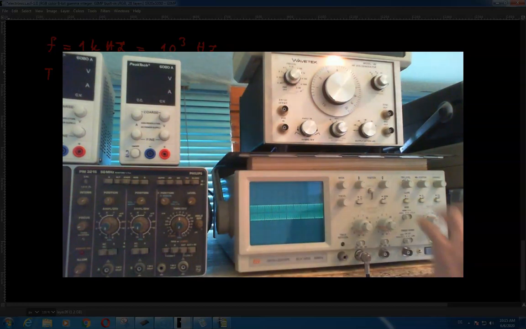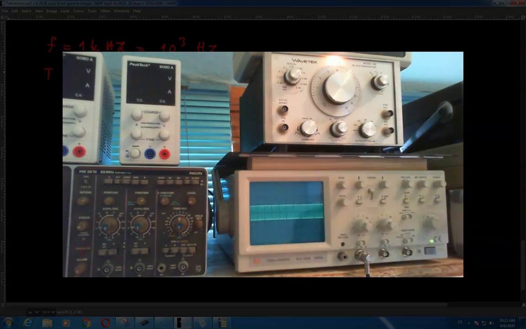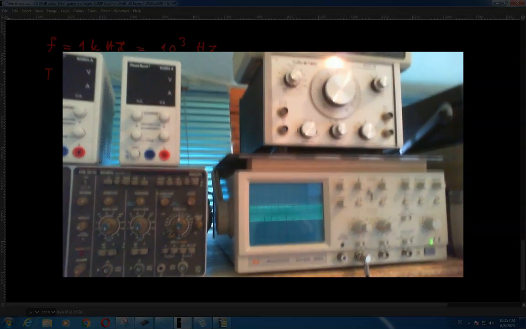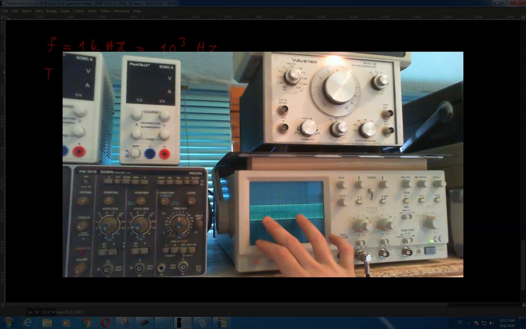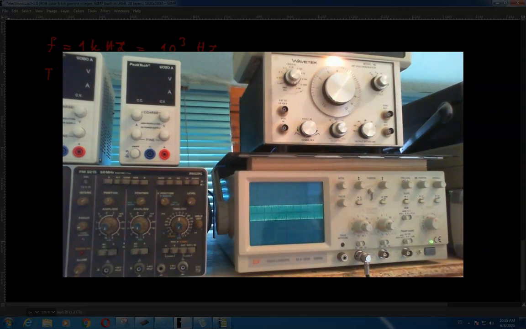And if I create a wave from this generator whose one complete cycle occurs in two of these divisions, that would be 1 millisecond, and therefore the frequency would be 1 kilohertz, right? So let's see if we can do that.